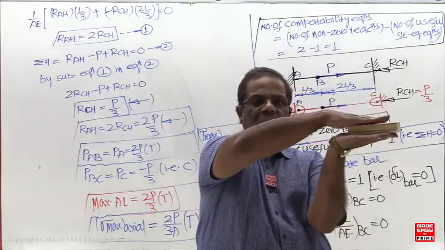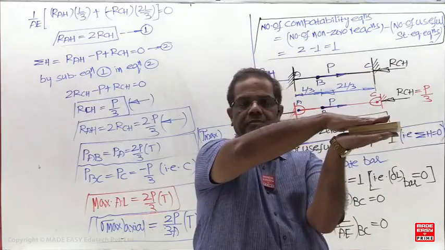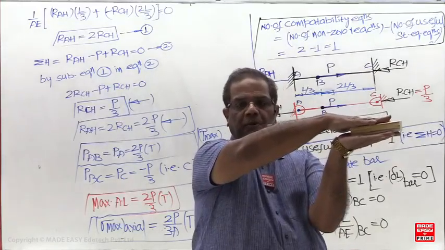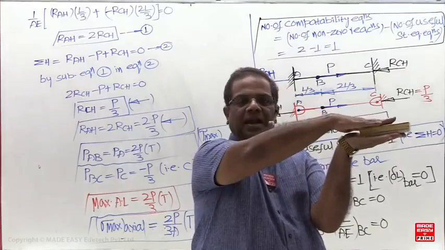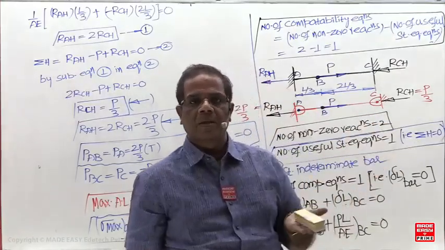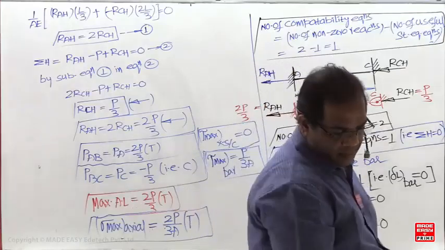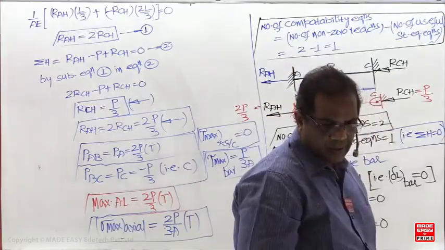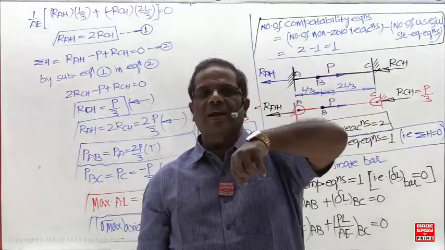I am going to put it like this. In that case, the support is going to be provided like this. If I keep it like this, what happens now? Even if you apply load, vertical motion is restricted. It takes load in the downward direction.